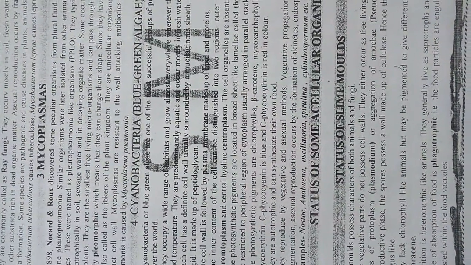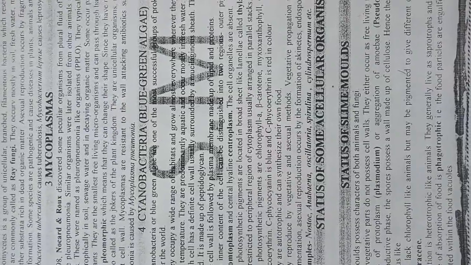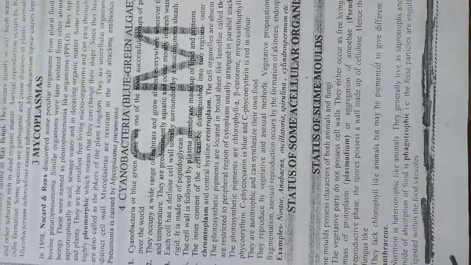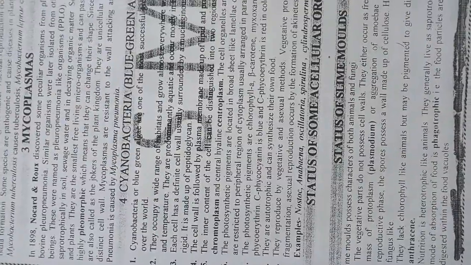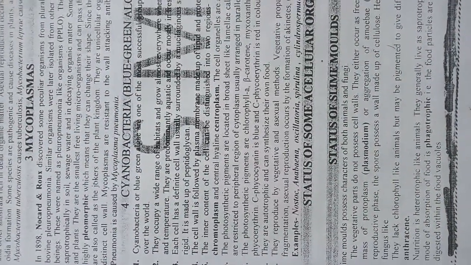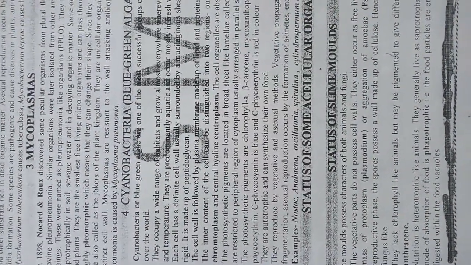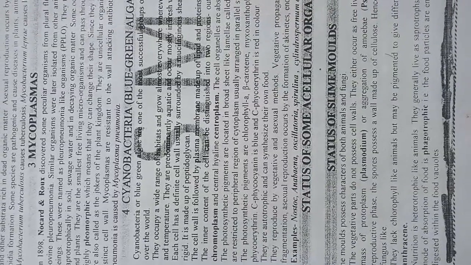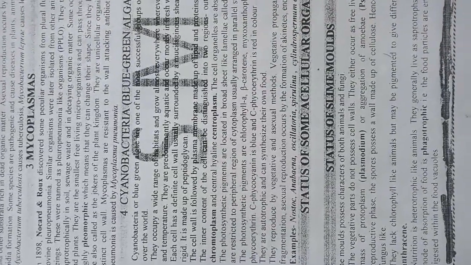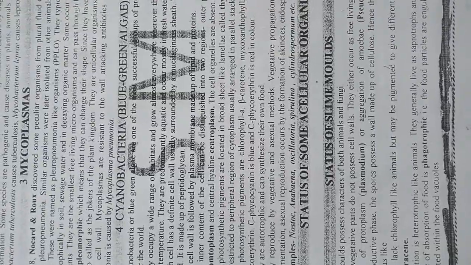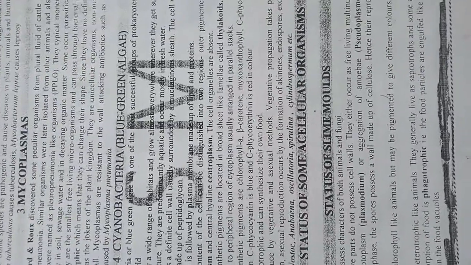That means these are not found in the central region, but they are found in the edges of this cell at the peripheral region of cytoplasm, usually arranged in parallel stacks.